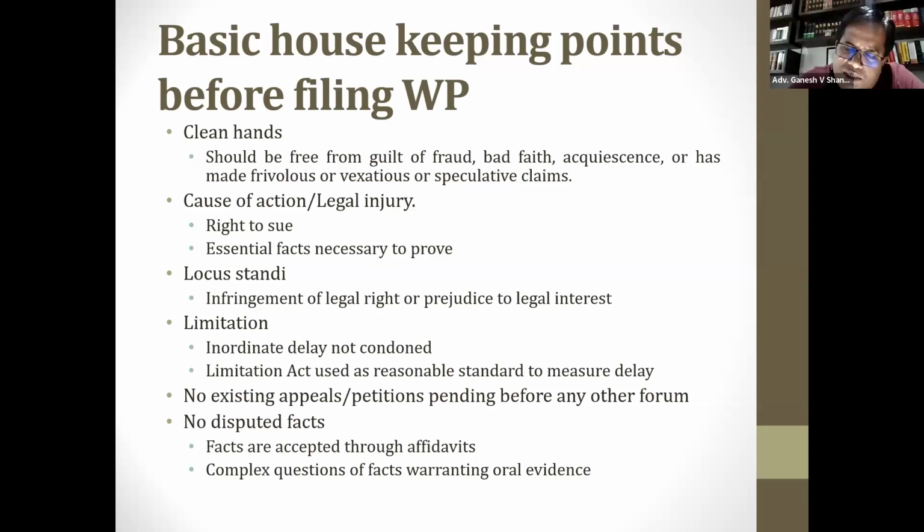It will only examine whether the process followed is right or wrong. If the basic facts are not aligned or agreed or are under serious dispute, the matter gets remanded back to the officer to re-adjudicate, or they will dismiss the petition.